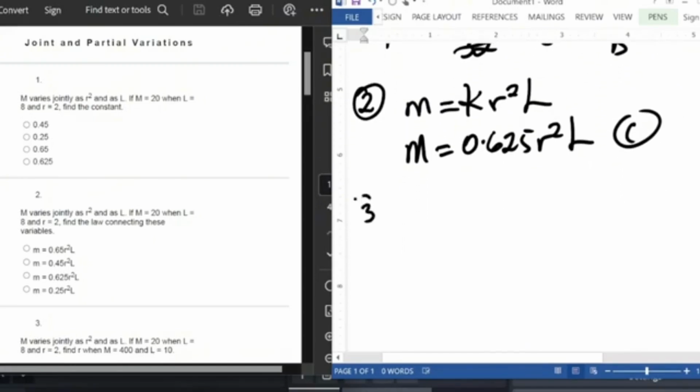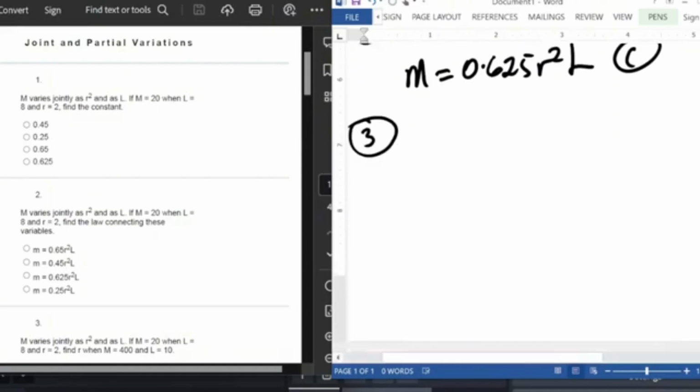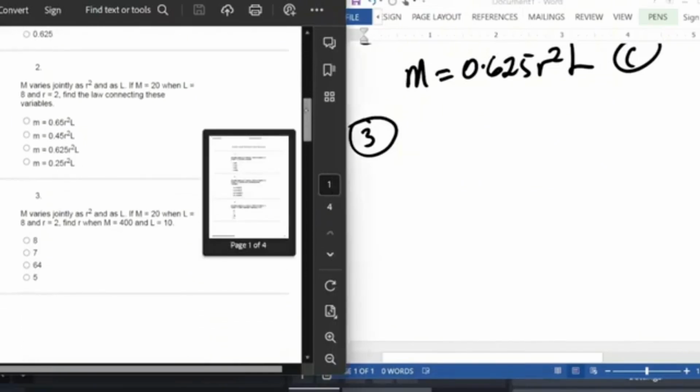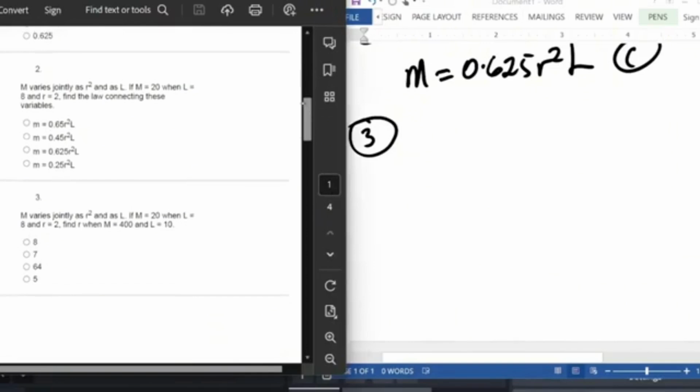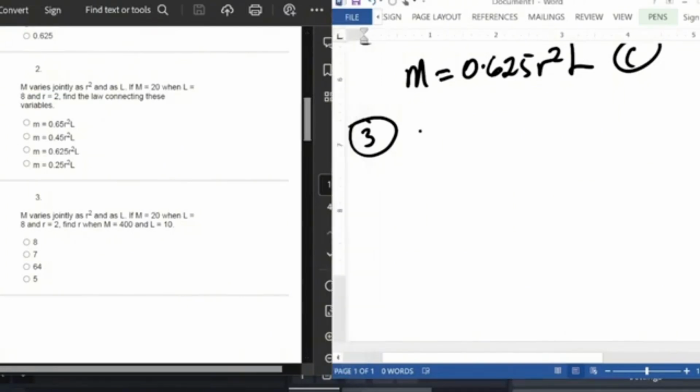All right, for question number 3, it's the same question. Find r when m is equal to 400 and l is equal to 10. So we are looking for r. m is given to be 400 and l is given to be 10.